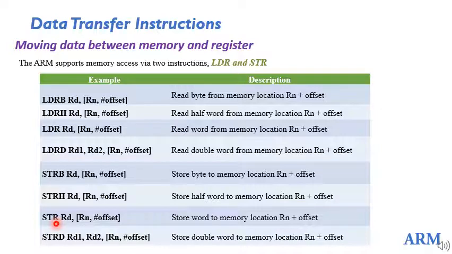In this case, the content of the entire 32-bit RD will be stored into this memory location. Starting from Rn plus offset, 4 memory locations will be occupied by this value. And in STRD, the contents of the two registers RD1 and RD2 are stored into the memory locations starting from Rn plus offset. It will occupy 8 memory locations starting from this address.